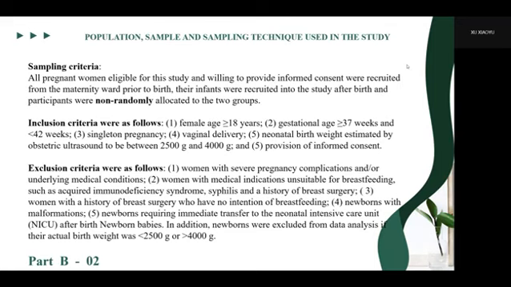Fourth, vaginal delivery. Fifth, estimated neonatal birth weight between 2,500 g and 4,000 g by obstetric ultrasound. And the last one is provision of informed consent.